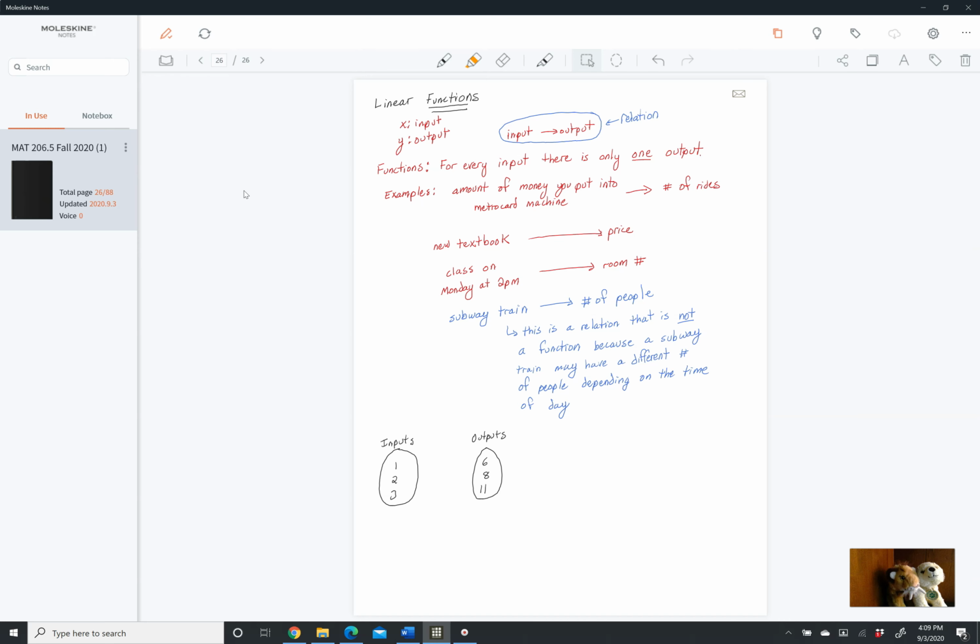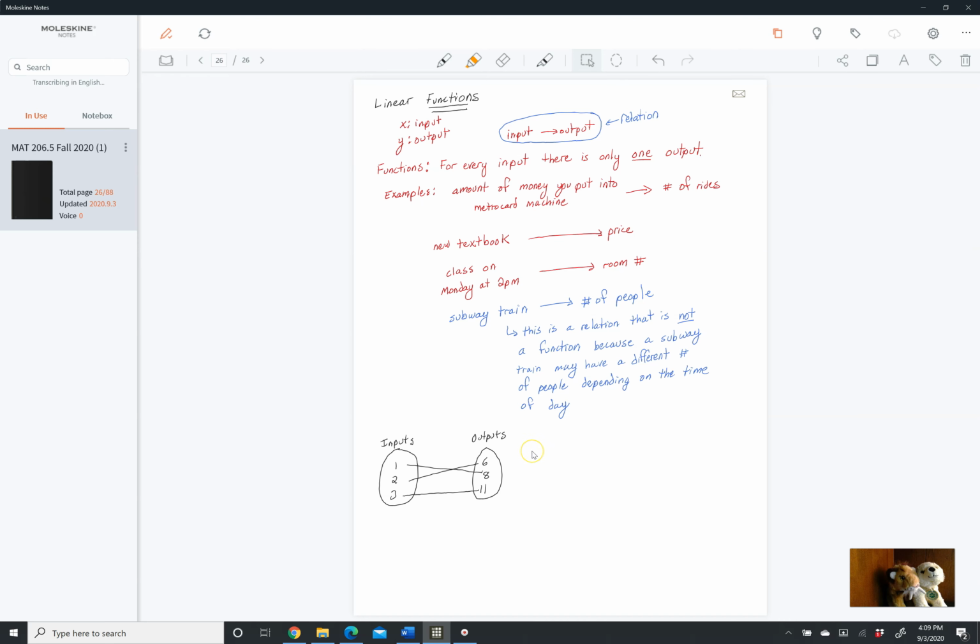Okay. The way that we show the relation is we just draw lines. We say, okay, well, if our input is 1, then our output is 8. If our input is 2, our output is 6. And if our input is 3, our output is 11.